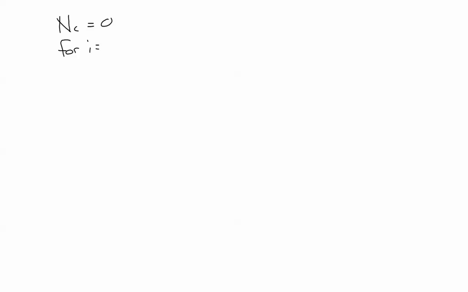For i equals 1 to, excuse me, I need a colon there, 1 to n, if r sub i is less than or equal to 1, n sub c equals n sub c plus 1, end.